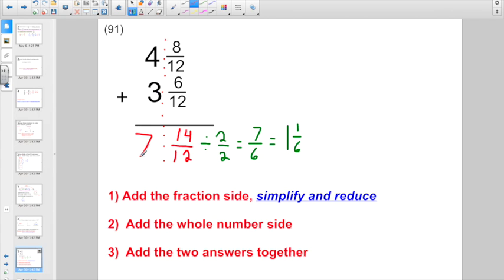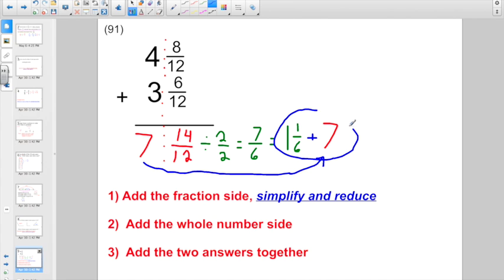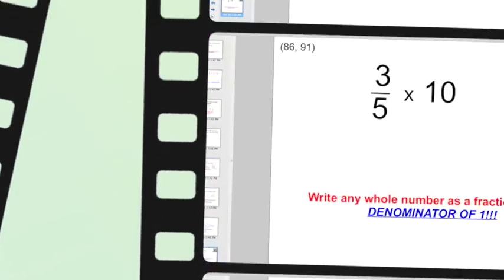That's easy enough. But here's the part kids sometimes forget. You got to remember to bring the whole number answer over. So now 1 and 1/6 is the answer of the fraction side. 7 is the answer of the whole number side. Put the two together and what do you got? 8 and 1/6.